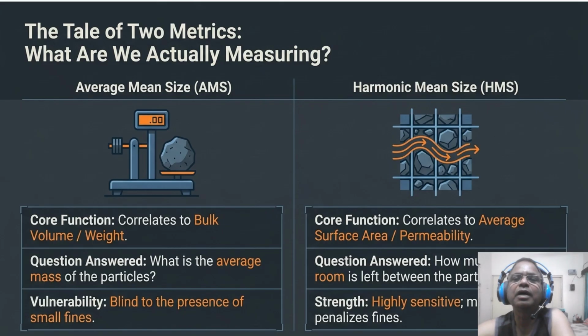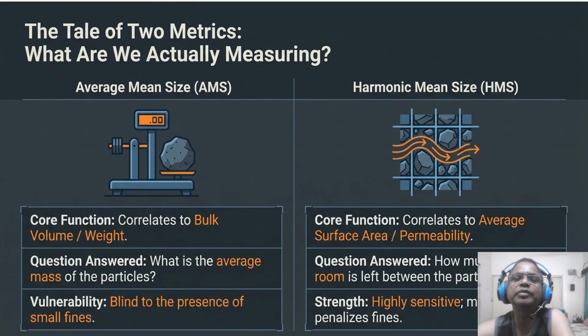Now look at the grid-like diagram on the right representing HMS, or harmonic mean size. HMS answers the only question that matters to the gas: how much breathing room is left between the particles? Here is the critical so what?